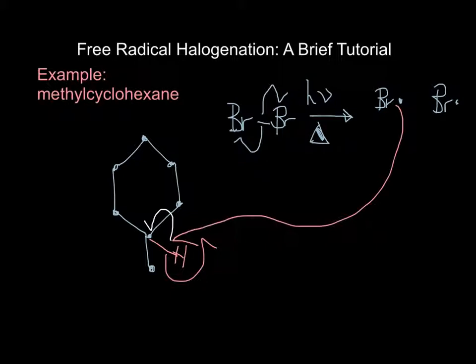So now we have the methyl cyclohexyl radical, which I'm going to draw over here. And it doesn't really matter which carbon I put it on. There's the radical. This radical is more stable than if it had been on one of the CH2 groups, and definitely more stable than if it had been originally from that methyl group.